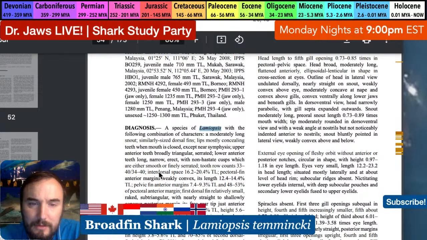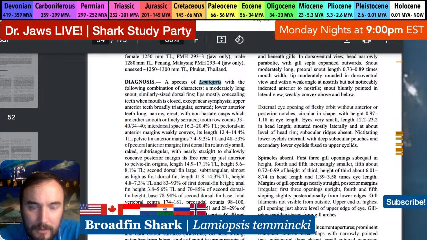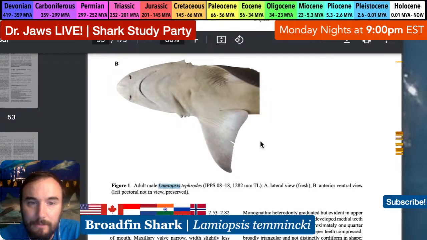Let's see, upper interior teeth broadly triangular, serrated, just like the other one. Lower interior teeth long, narrow, and erect, with non-hastate cusps. We will not do the measurements because there's just too much information.